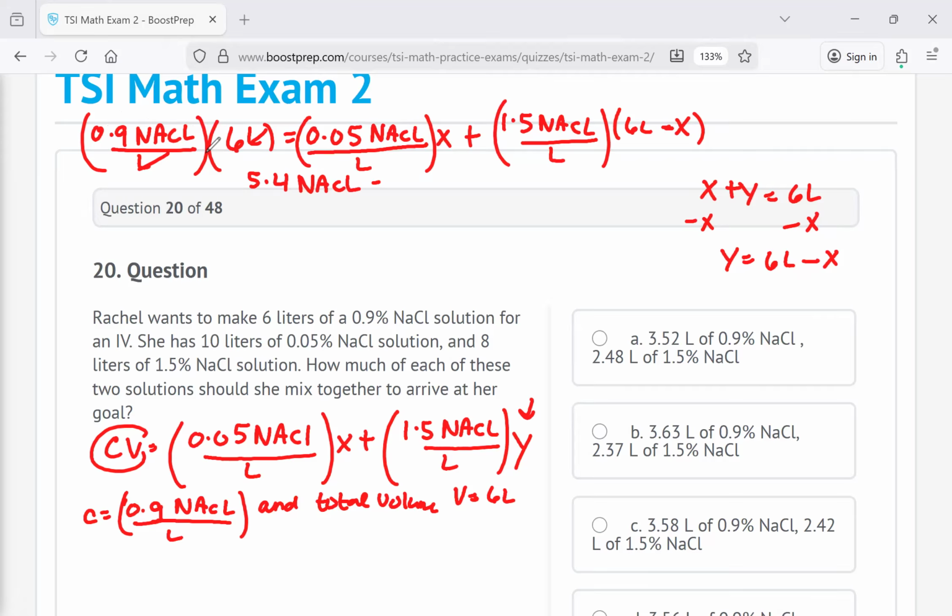And then equals, the liters disappear, and you're left with 0.05 X. And then over here, this simplifies as negative 1.45 NaCl X times liters.